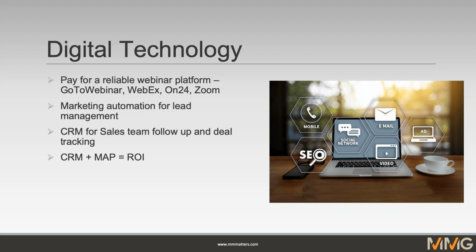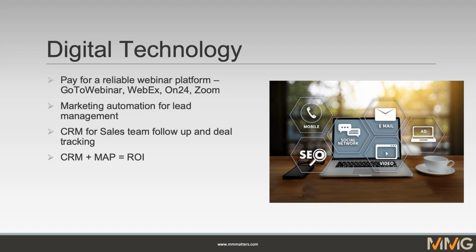Use your CRM. If it's a lead gen, you want to manage the leads for your sales team. It's too easy for the sales team to ignore it, especially if it's a lot of leads. I've given out 200 leads to salespeople, and they just won't even do anything with it because they claim they don't have the time. So at least you want to know that.